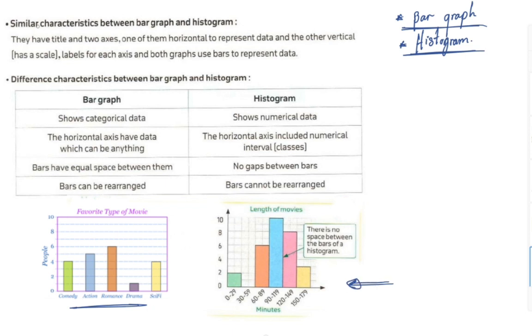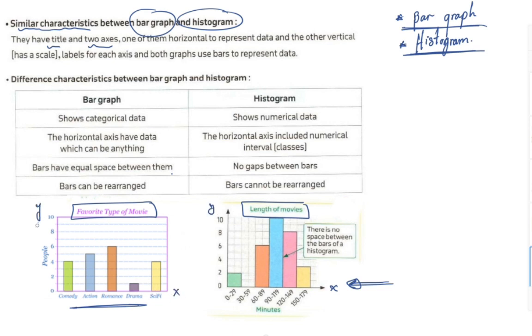What is the difference between this bar graph and this histogram? Note with me. We have similar characteristics. Both of them have a title. Here we have a title, and here we have a title: length of movies, favorite type of movie. And two axes, the x-axis and y-axis.